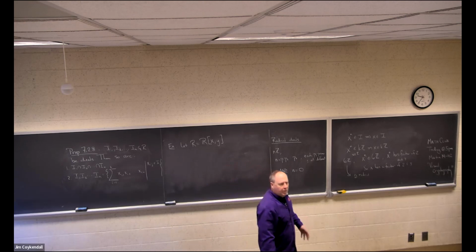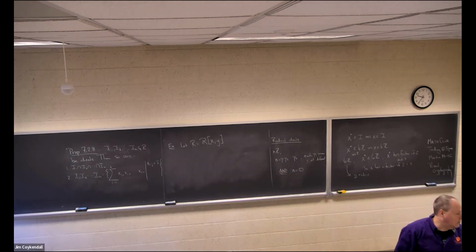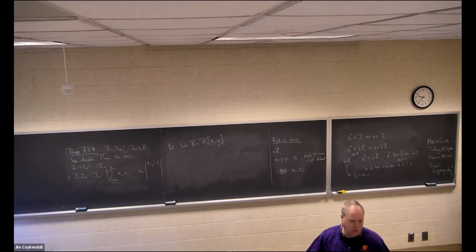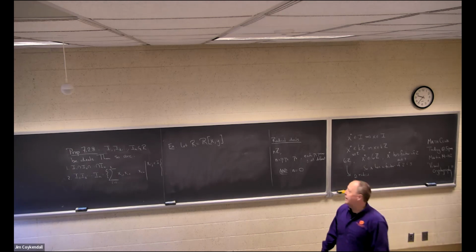You played with these things in Calc 3 a lot when you did max-min problems and cross multipliers and all that kind of thing, right? I give you a bunch of polynomials that have two variables in them. What happens when you take two polynomials in two variables and add them up? You get a bigger polynomial in two variables. What happens if you multiply polynomials in two variables? You get another polynomial in two variables with bigger degree maybe, but this is actually a ring.